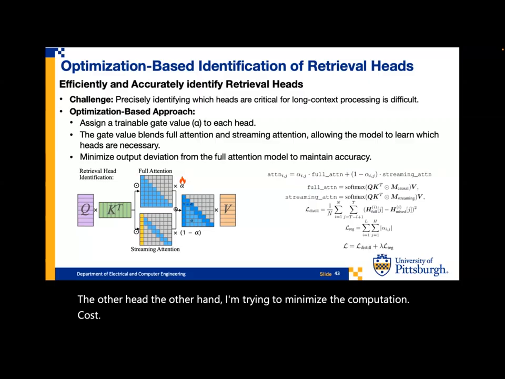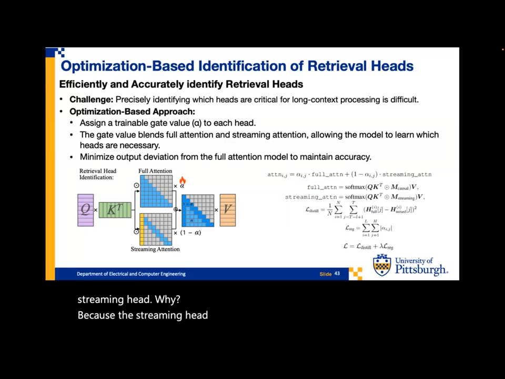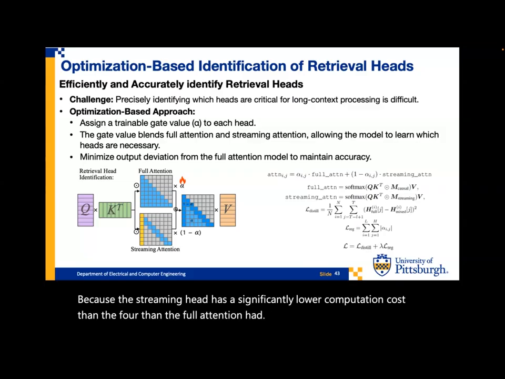And that is going to separate the retrieval heads from the streaming heads. Why? Because the streaming head has a significantly lower computation cost than the full attention head, right?